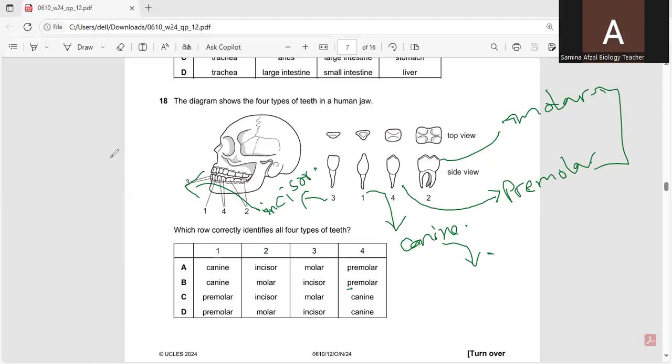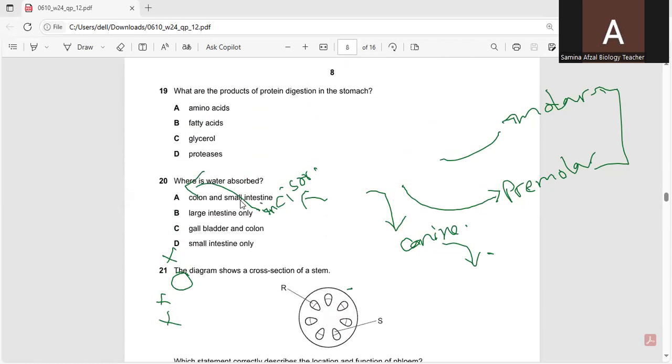So B is the correct option. A, C, and D are not the correct options according to the shape.